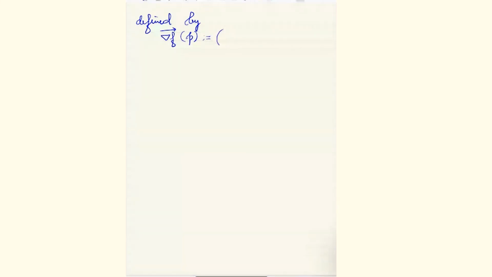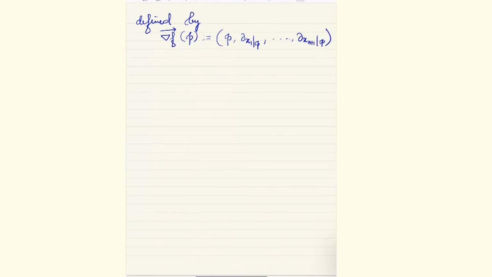So I say this is the point P itself, and then all the coordinate vector fields, right? So ∂/∂x1 at P, the coordinate tangent vectors, up to ∂/∂x(n+1) at P. Where, I wrote my usual shorthand, this is simply notation for ∂/∂xj at the point P. What do you mean?